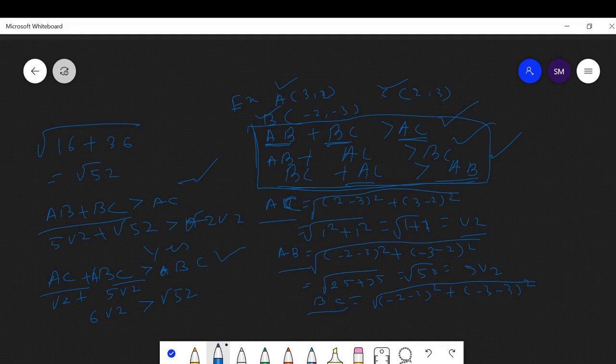Here BC plus AC, root 2 plus root 52, is greater than 5 root 2. Yes, it satisfies. Means it satisfies the triangle inequality property. This means A, B, C are 3 vertices of the triangle. Okay.